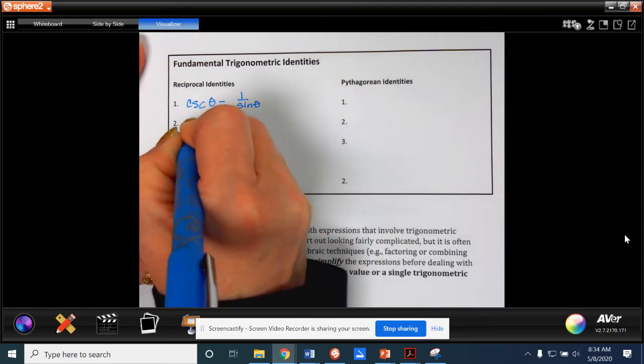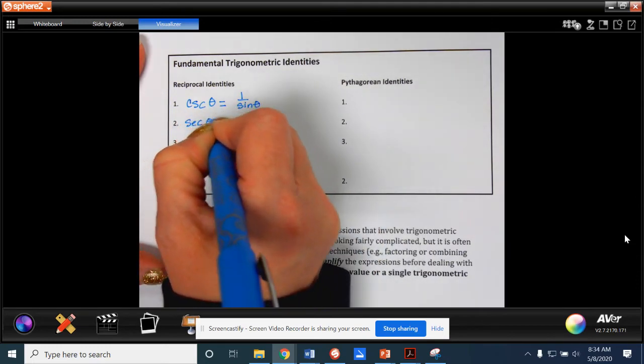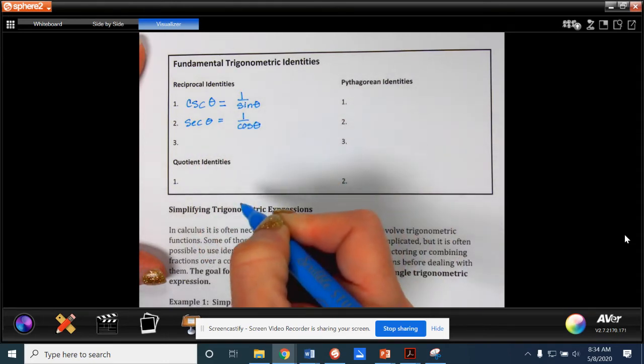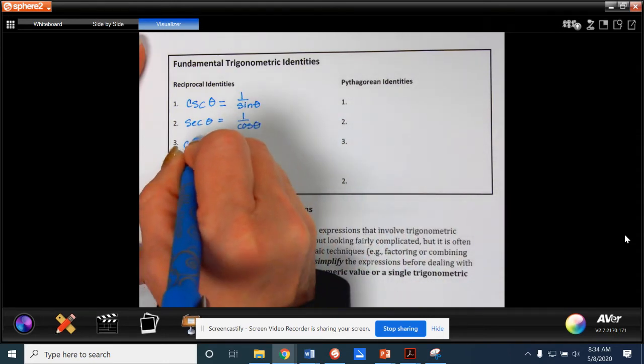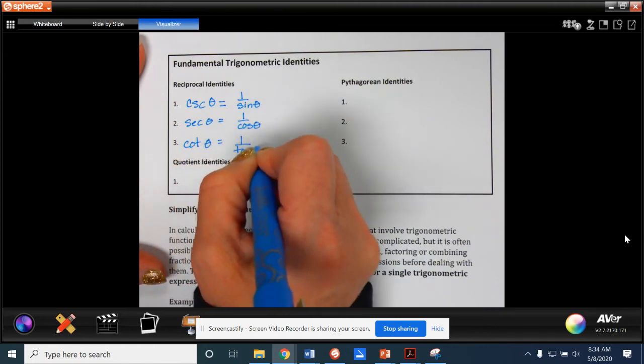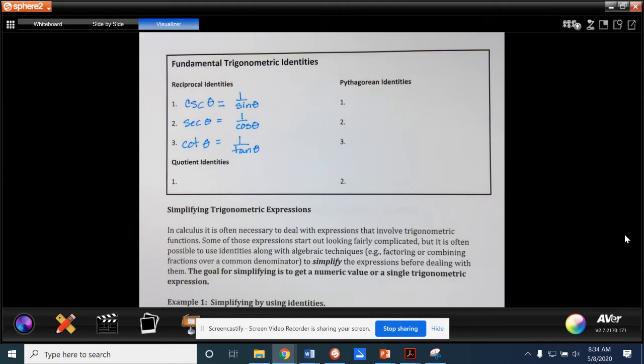Then we have secant theta equals 1 over cosine theta. And then cotangent theta equals 1 over tangent theta. And we went over those already in the prior video.